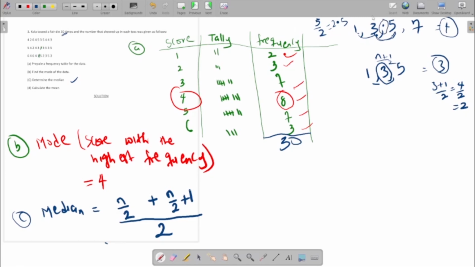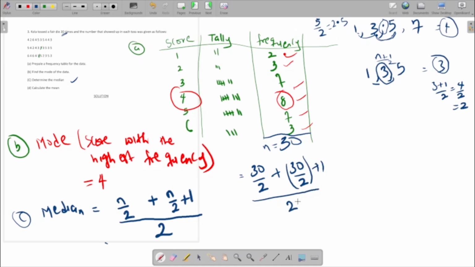So now, if you have n divided by 2 plus n divided by 2 plus 1, all divided by 2, our n in this data is 30. So our median will be 30 divided by 2 plus 30 divided by 2 plus 1, all divided by 2.